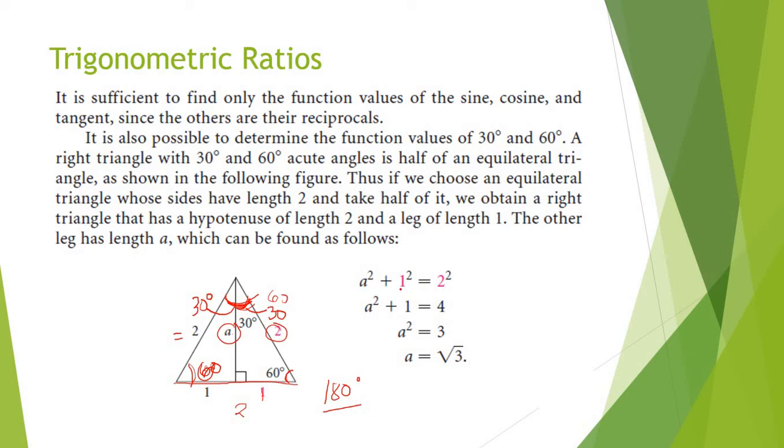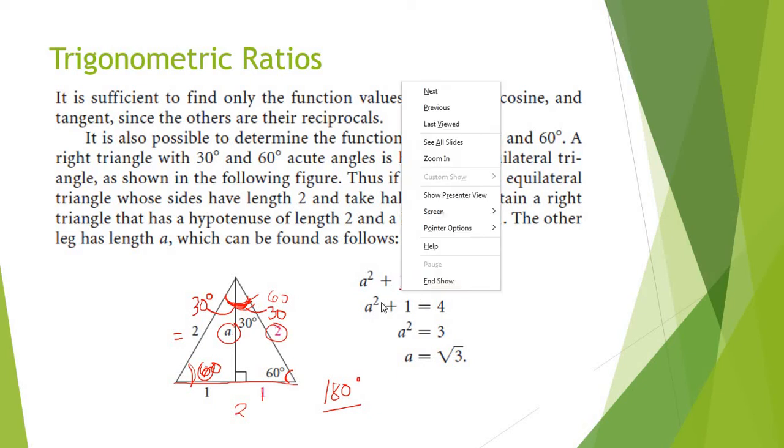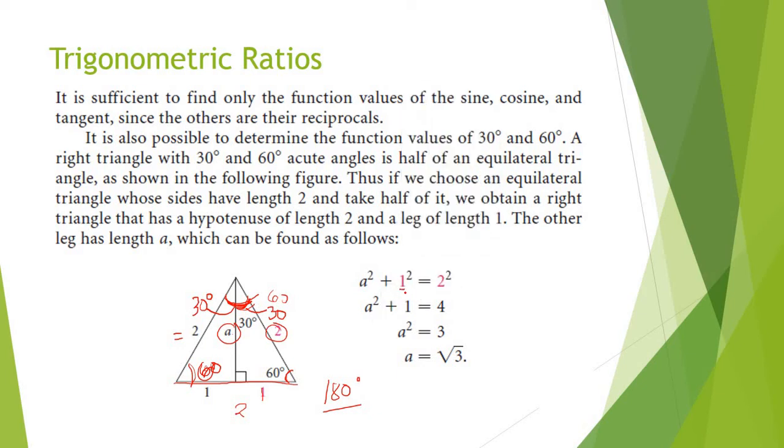Now, one of your sides, for example the opposite side or the adjacent side, is equivalent to 1. So we're going to identify now this side. In that case, a squared plus 1 is equal to 4. Then 4 minus 1 is equivalent to 3, or a is equivalent to square root of 3. So that is now the value of the other side, square root of 3.